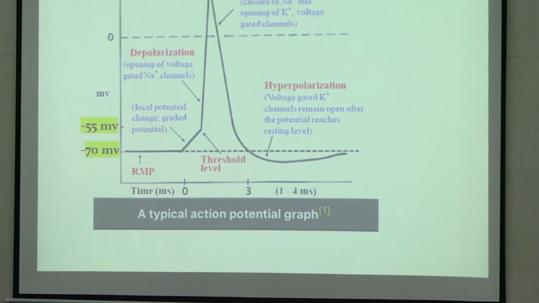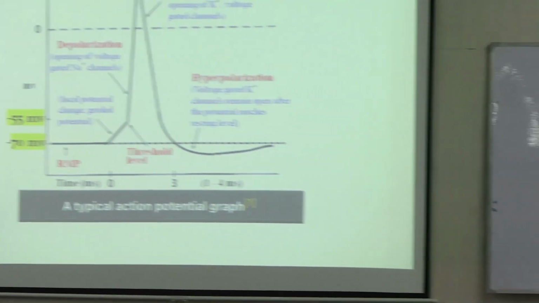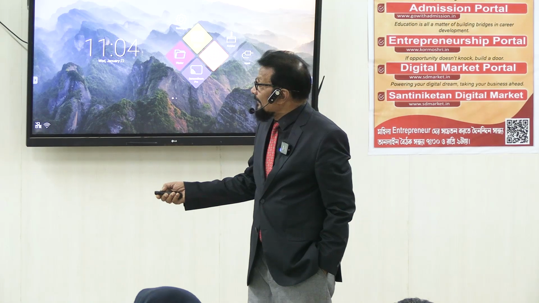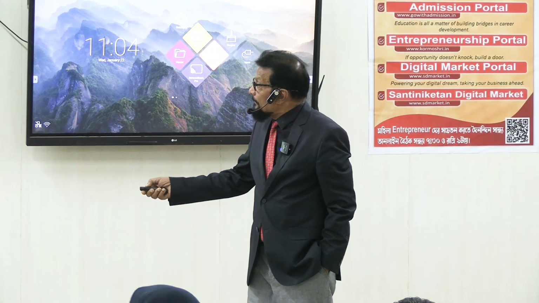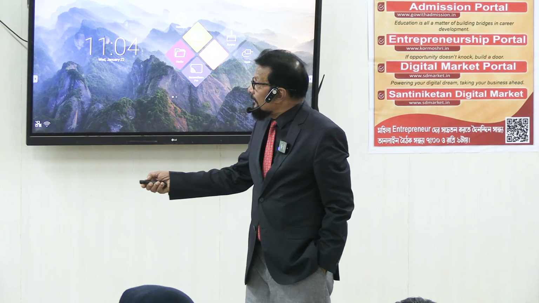Why did it happen? Because the potassium channels still remained open. Then what happened? Again this membrane potential is coming back to normal.